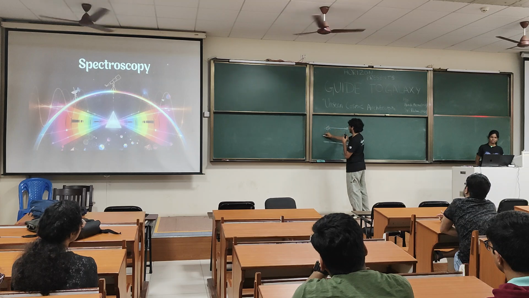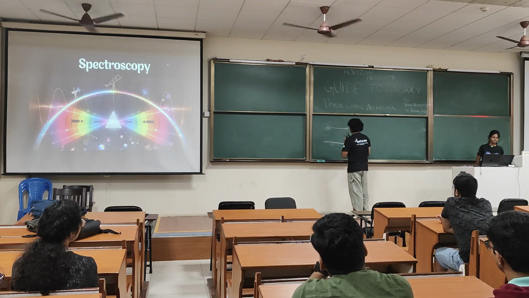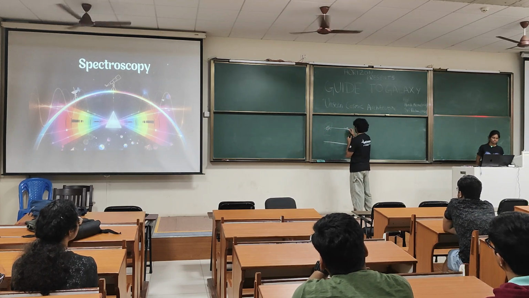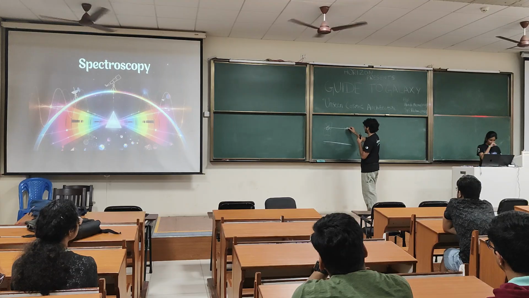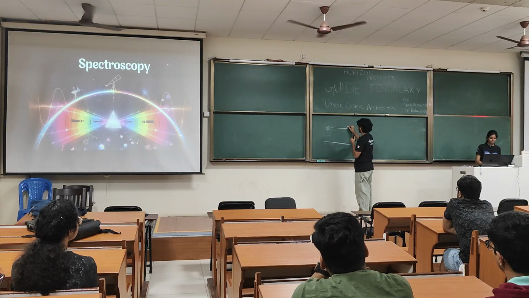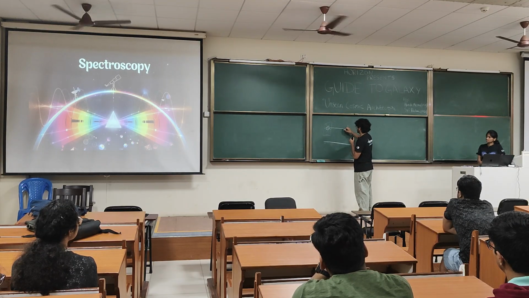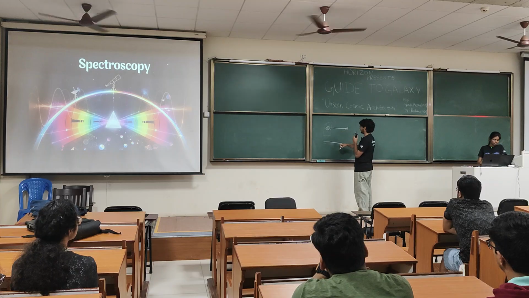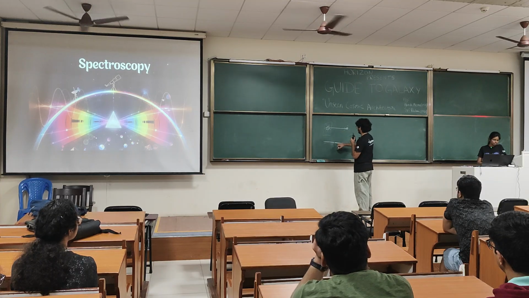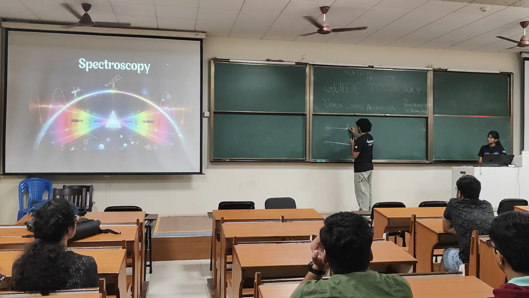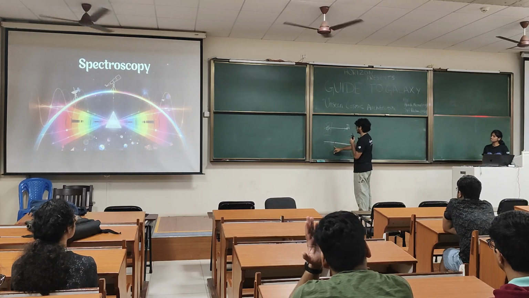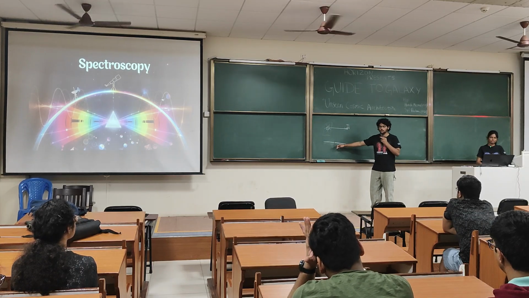Let's say this is a uniform light source which releases every wavelength. When it reaches this element, the electrons take some energy from this light, some particular wavelength, they eat it up and go to a higher state. Obviously they'll come down eventually again, but they have eaten away this particular wavelength from the light.